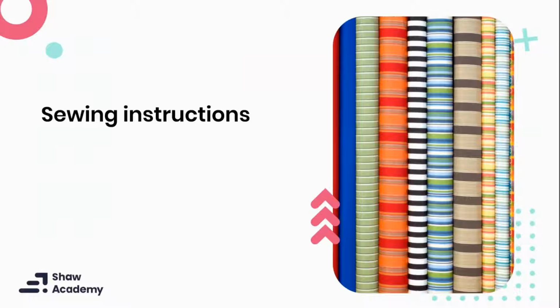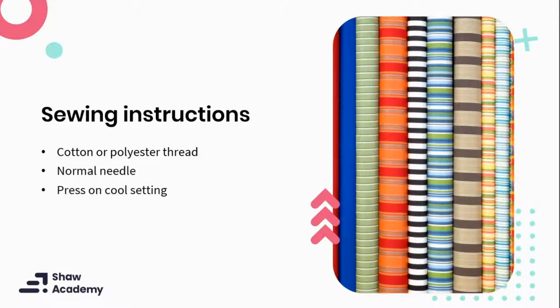For sewing synthetic fabrics, use all-purpose cotton or polyester thread the same color or slightly darker than the color of the fabric. Use normal machine needles and press on a cool setting to avoid melting any of the fibers.